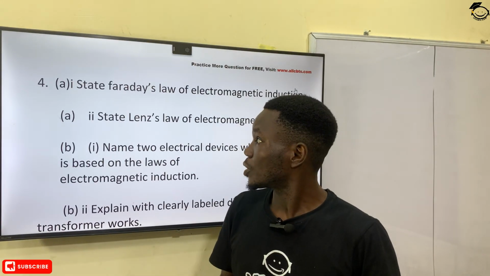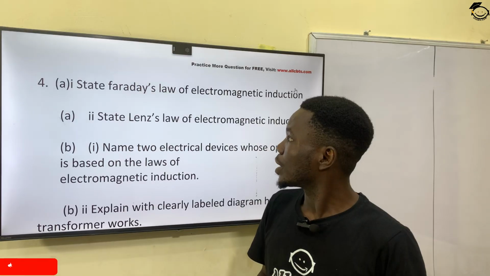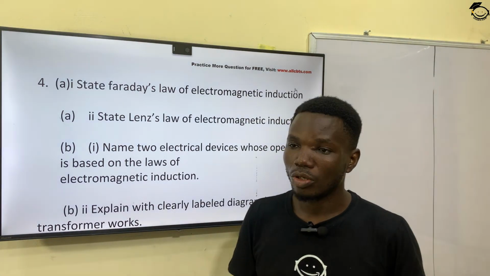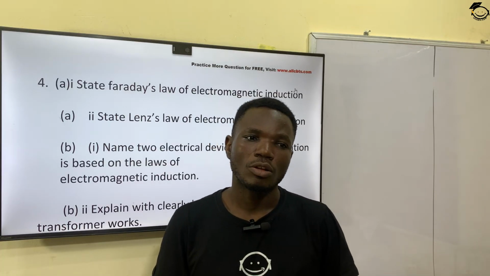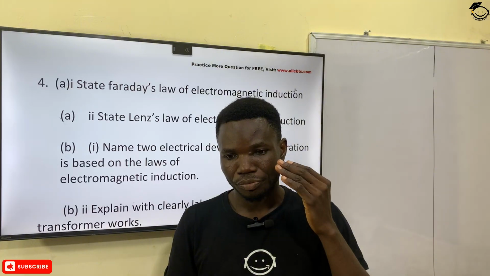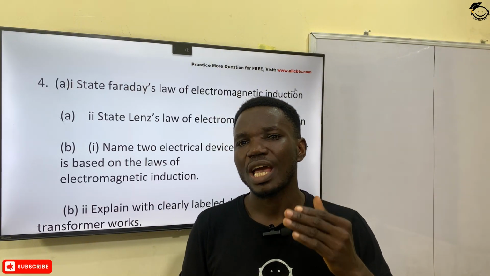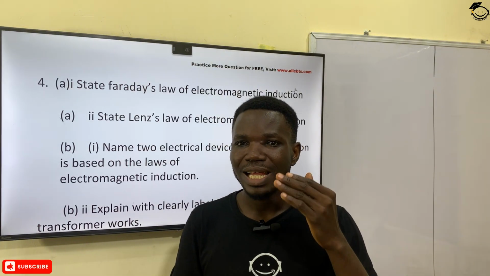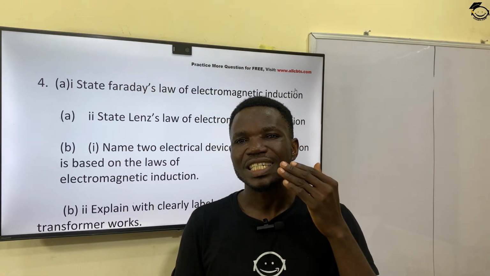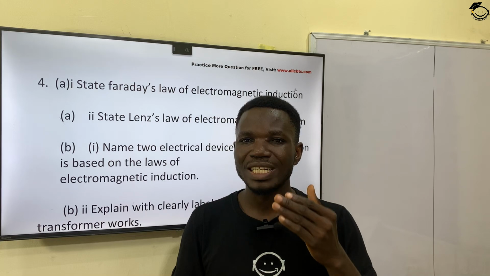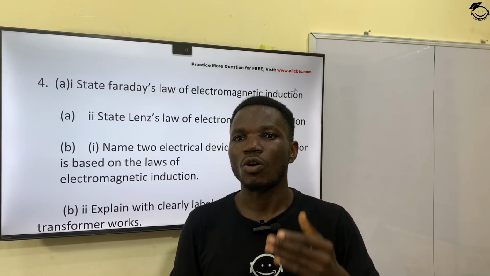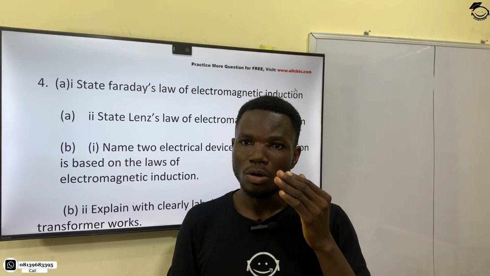Okay, moving on to the next question, which is question number 4. It says, state Faraday's law of electromagnetic induction. Faraday's law of electromagnetic induction simply states that the induced EMF in a circuit is equal to the negative rate of change of the magnetic flux of that circuit.